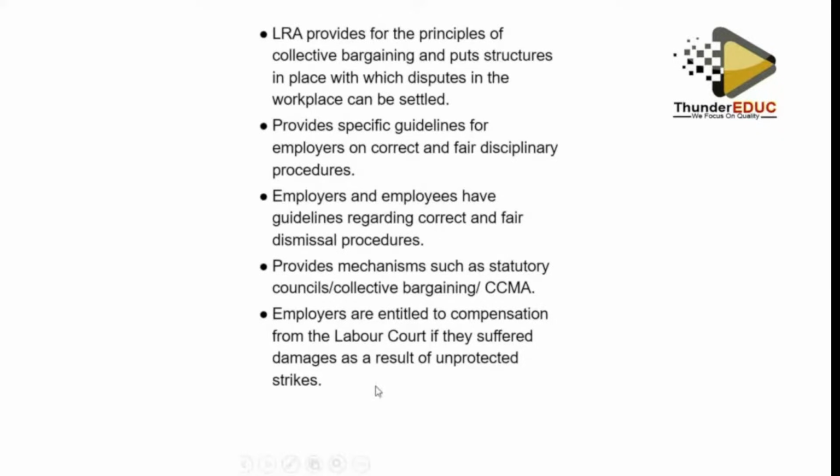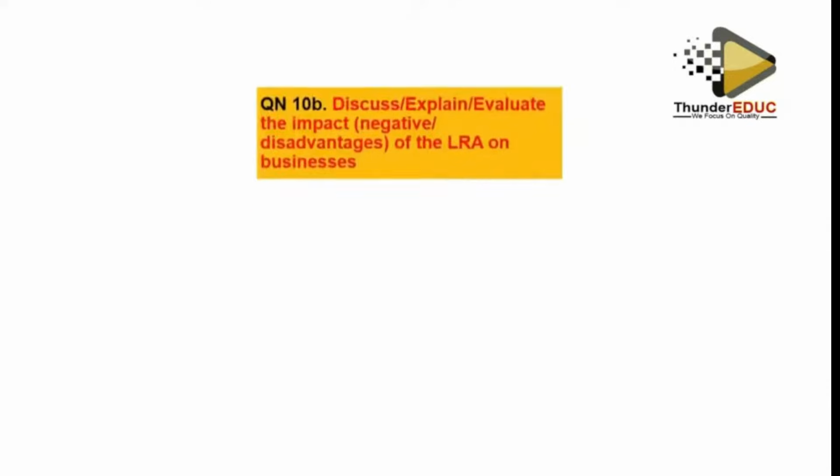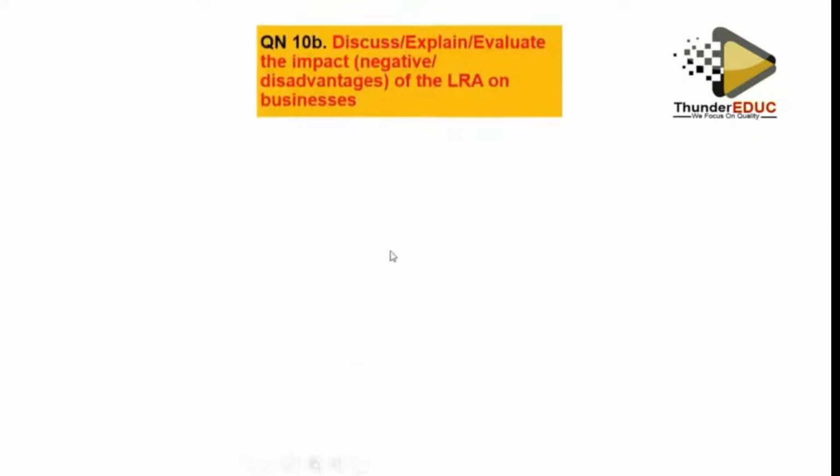So now this act also gives what? It gives the guidelines on how the business can take measures when strikes result in the damage of property, also when people have been injured.